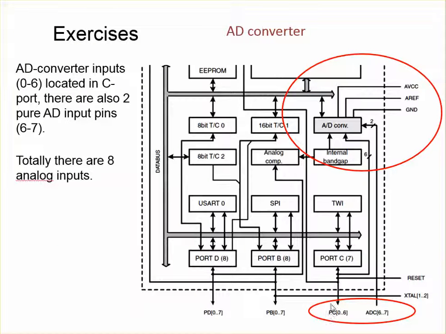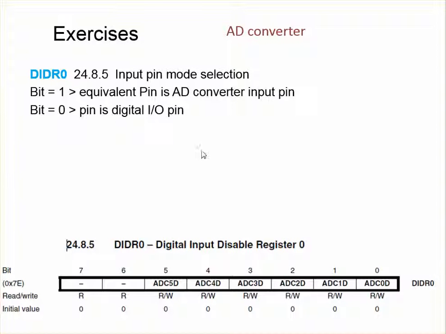As we noticed, these input bits were shared between either digital port C or the AD converter. So we have to define somewhere whether we are using these bits as digital port bits or input bits for the AD converter. And this is done by this DIDR0 register.